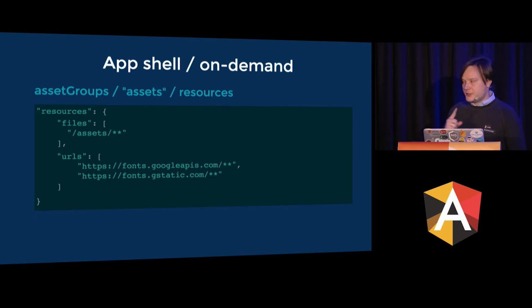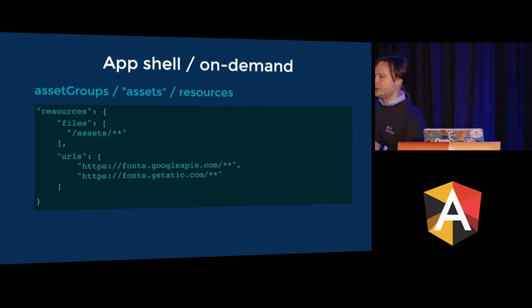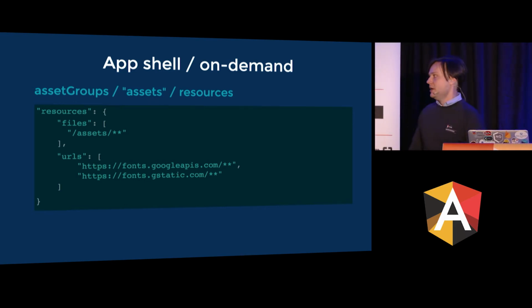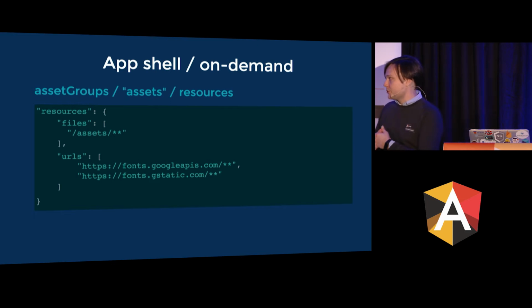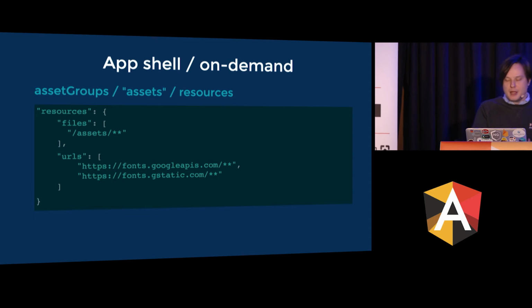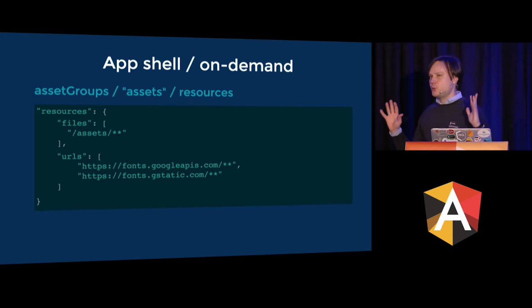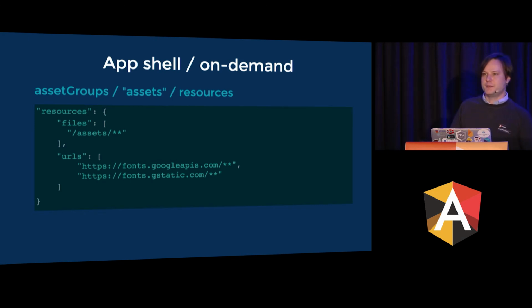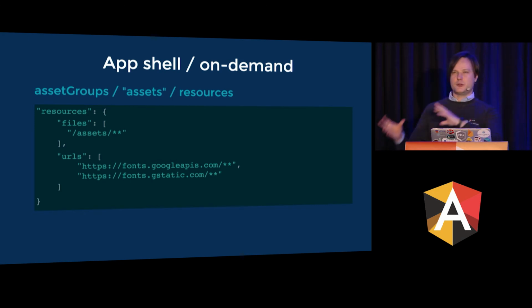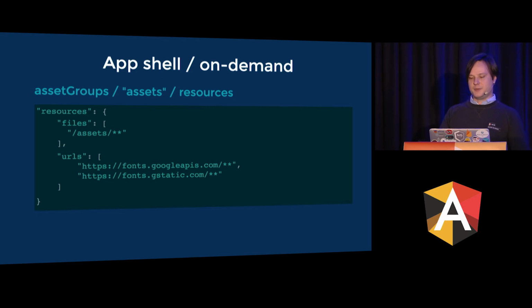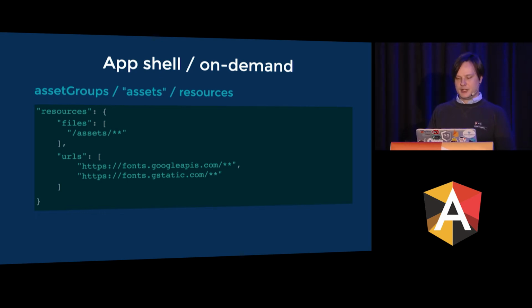And the third option, we can even go for some specific URLs or patterns of URLs to make sure that resources from these addresses will become part of our application shell. Of course, we have to really think twice before going for external resources as a part of our app shell, but still it's quite useful. For example, in case of some web fonts or some icons.